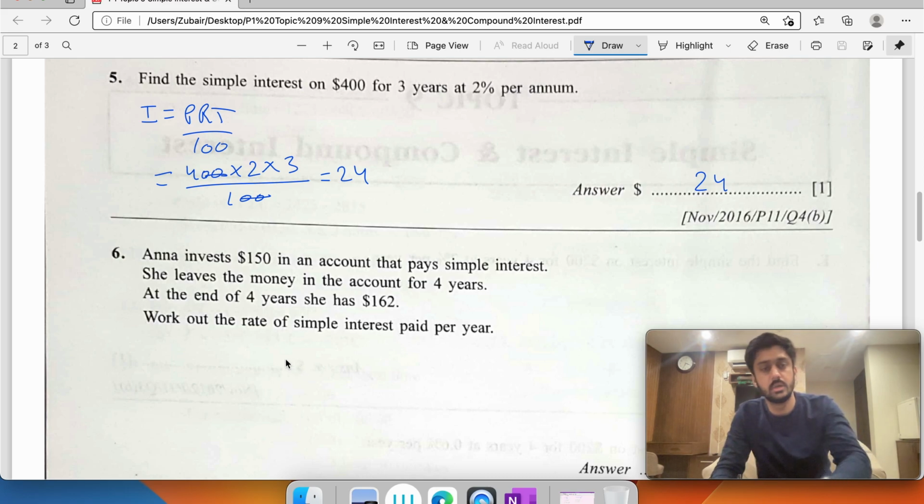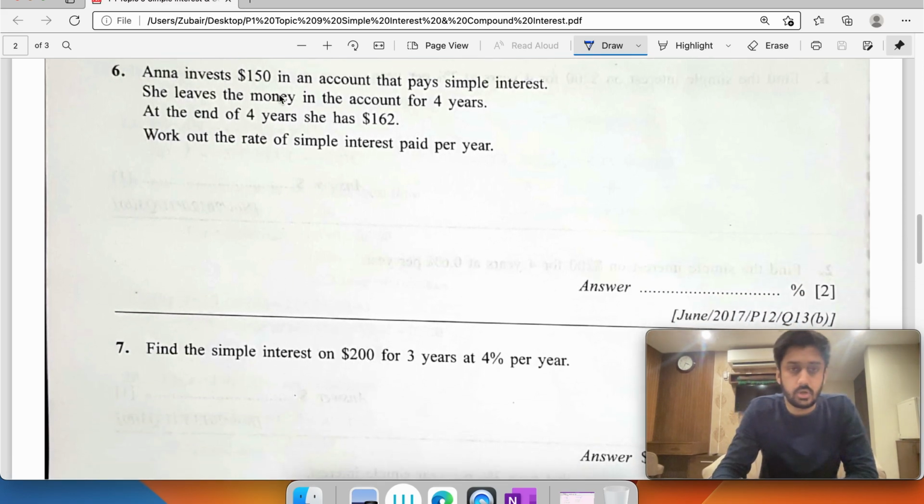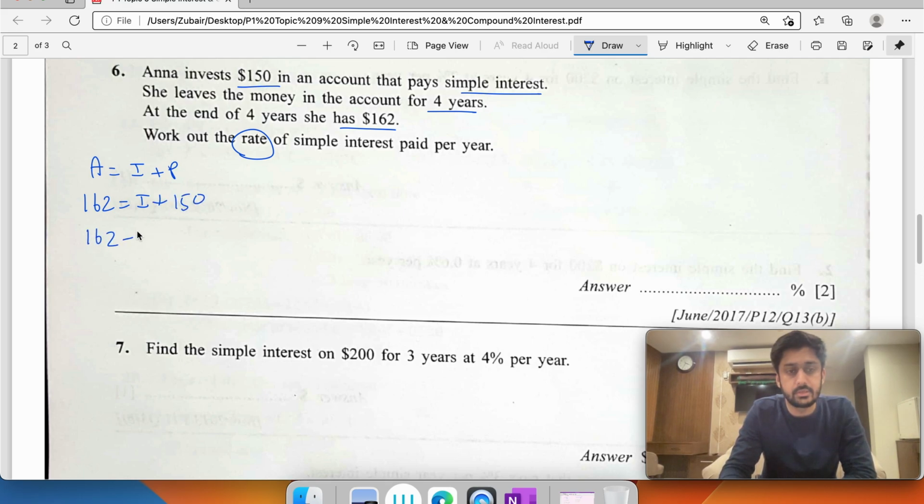$24 interest. Anna invests $150 in an account that pays simple interest. She leaves the money for 4 years. At the end of 4 years, she has 162. So we have to find the rate. We know the amount. Amount is 162. Interest is unknown. The invested amount was 150. 162 minus 150, interest is 12.